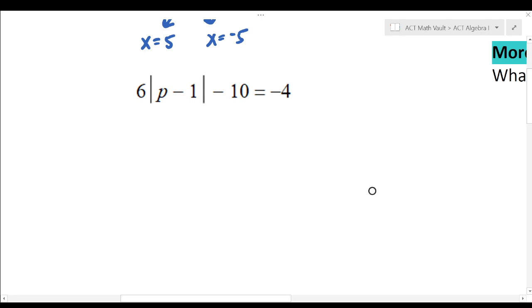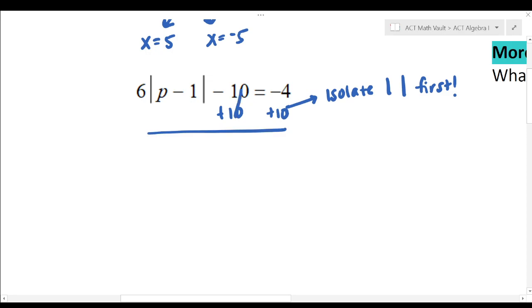But what I want to do here is write a little note that says isolate the absolute value first, because you will not get the correct answer if you just treat the bars like parentheses. So what I'm going to do is add 10 on both sides as if I was just solving an equation and this whole thing was an x or a y or whatever variable.